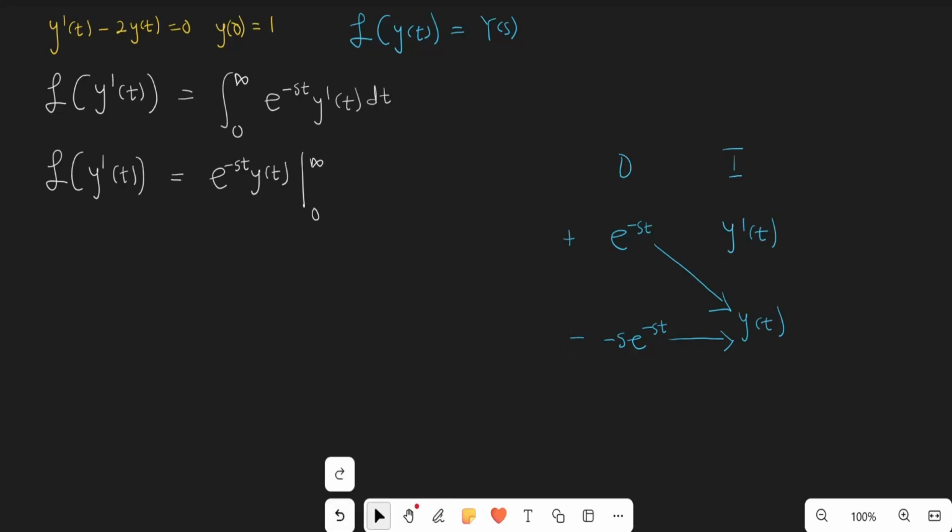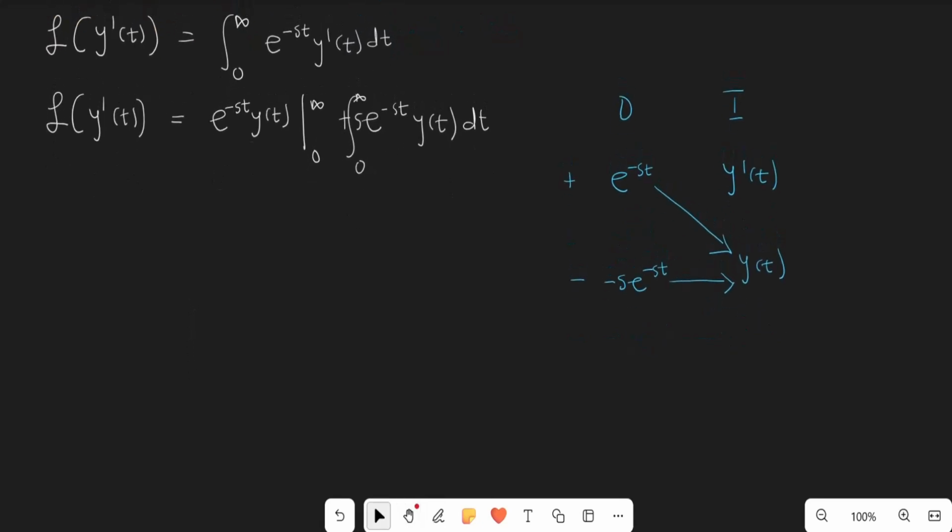So that is plus negative s times e to the negative st, wait, that is plus s times e to the negative st, and this is the integral from 0 to infinity, because when we multiply terms horizontally we take the integral, multiplied by y of t, dt.